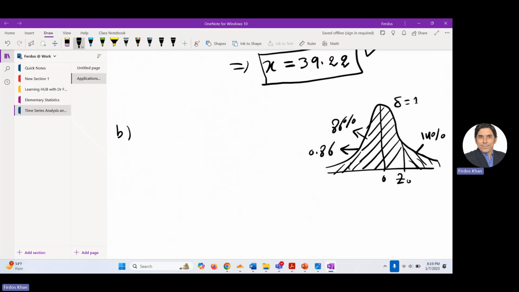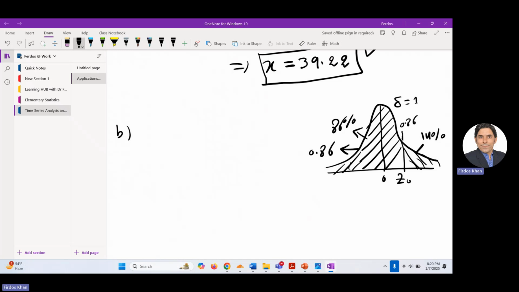Because the table is constructed in a cumulative way, you need to look for 0.86, because the probability up to this value is 0.86, the probability that z is less than this value, and the remaining is 14%, with the total being 100%, or 1.